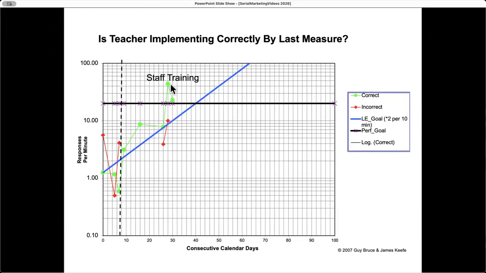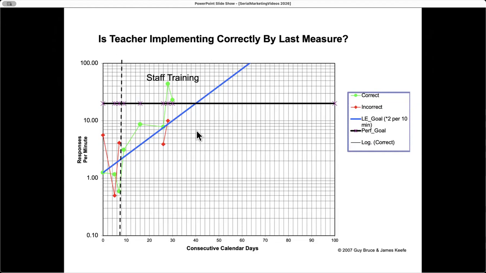So we implemented staff training, and you can see how her performance changed. Eventually she got up to 20 correctly implemented steps per minute or higher, and the errors dropped out. Once you don't see any more red diamonds, that means there were 0 incorrectly implemented steps per minute.